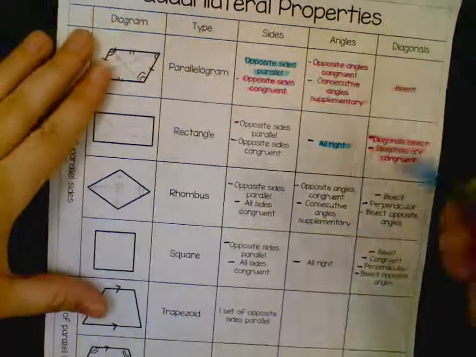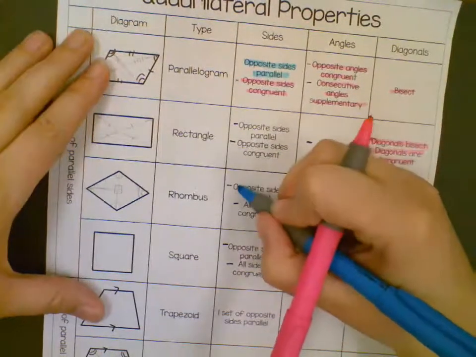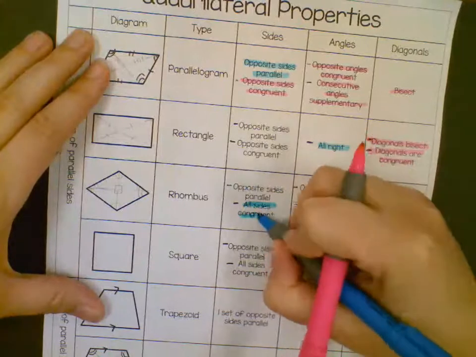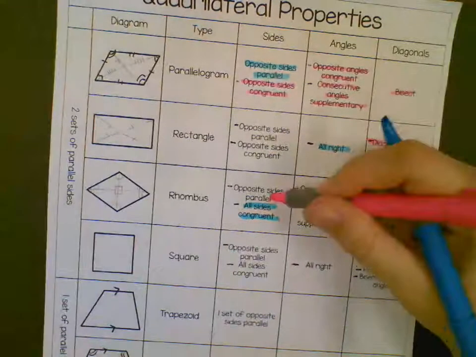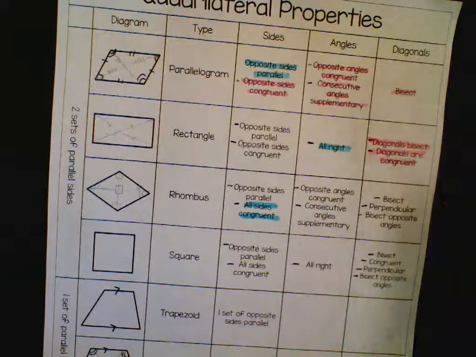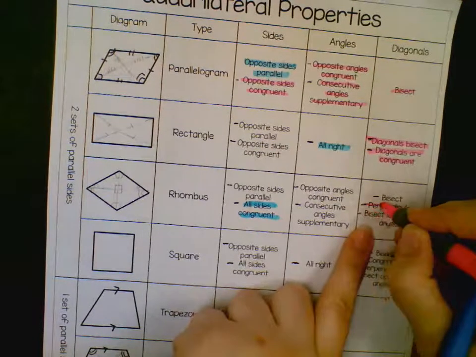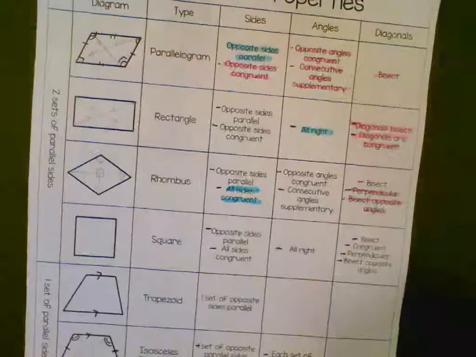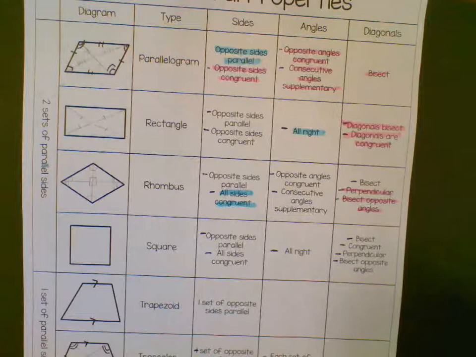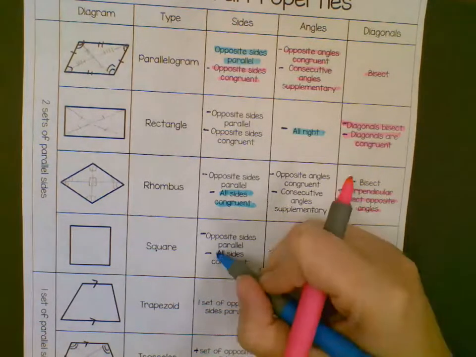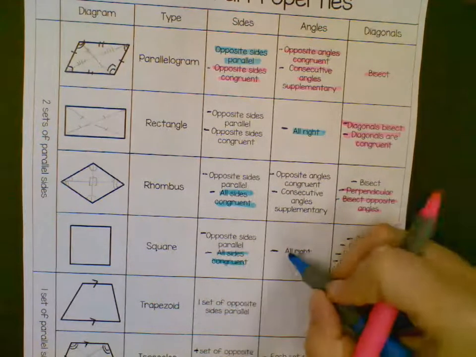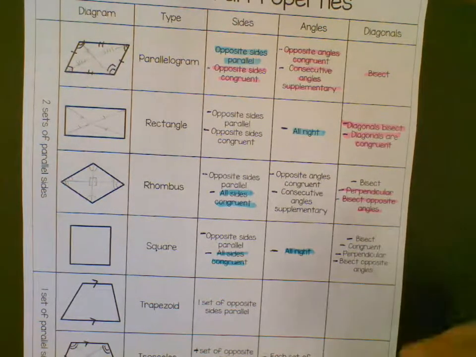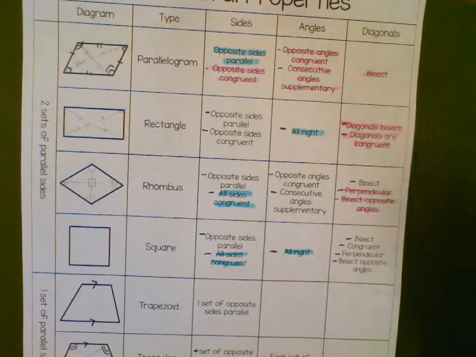So the definition of a rhombus is that all the sides are congruent. So those are because it's a parallelogram. These are special because it's a rhombus. The definition of the square is that it's a rectangle and a rhombus, so all sides congruent and all the angles are right. And then the other things are true because of it being the top three.